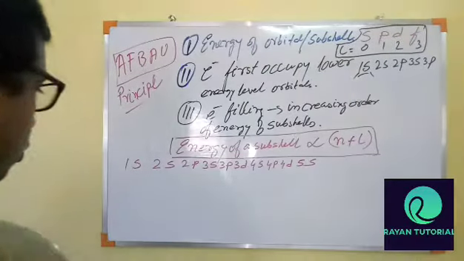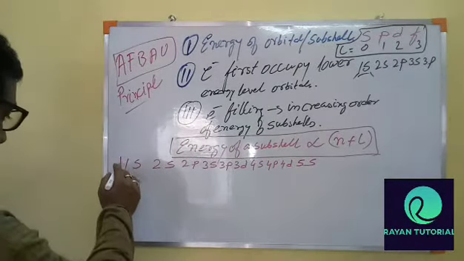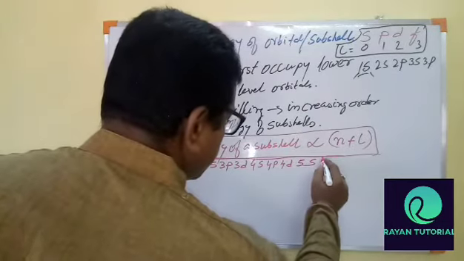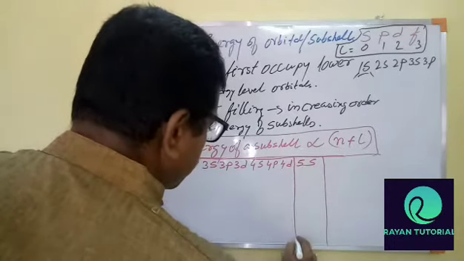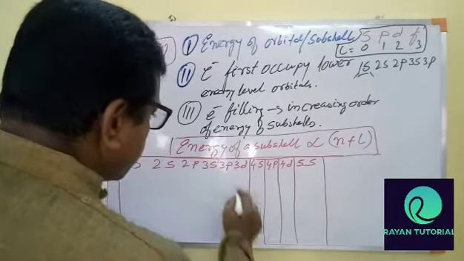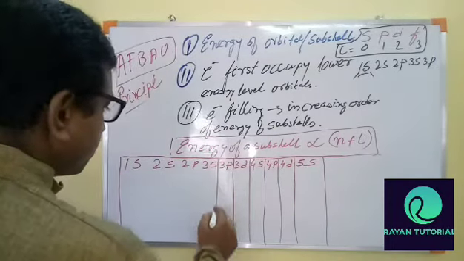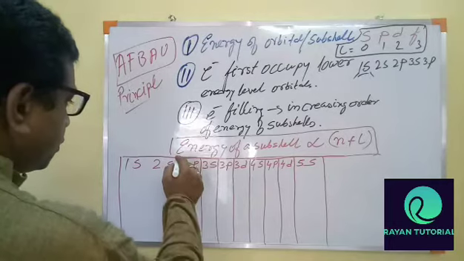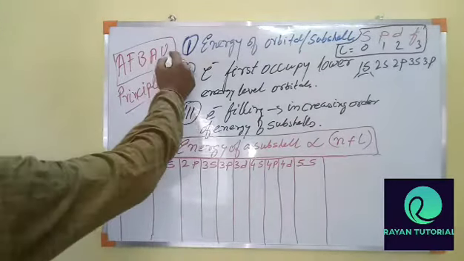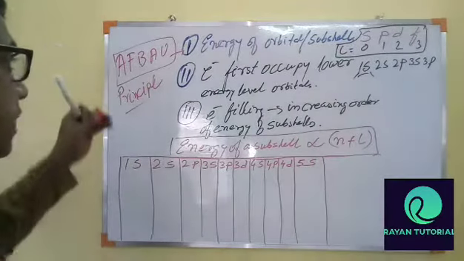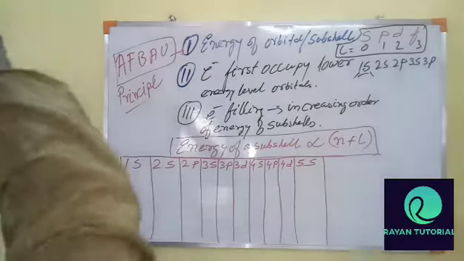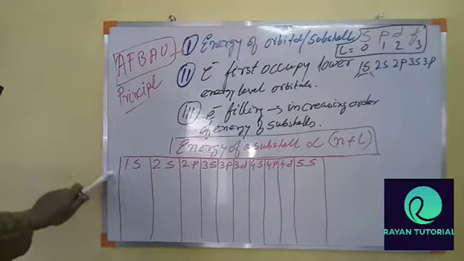Now we are finding the energy levels. So the Aufbau principle helps us to find the energy of the orbitals of the subshells.